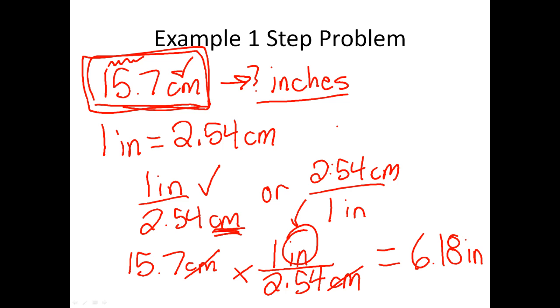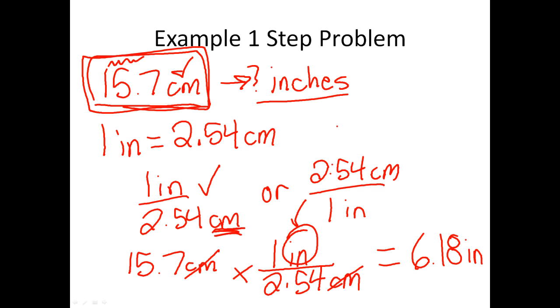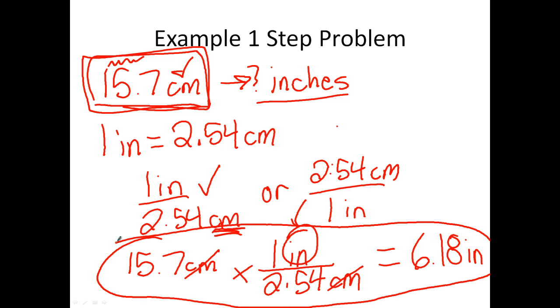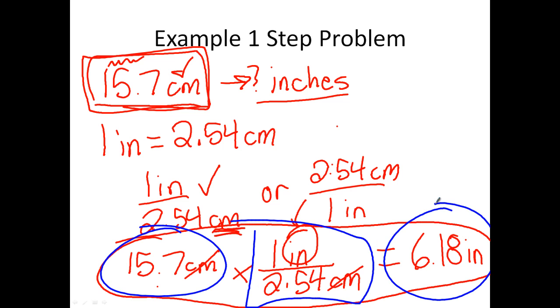In all seriousness, guys, this is what you need to write down. You've got to click on the little pen thing here. Let me change the color a little bit. You've got to write the given. You've got to write the conversion factor, and you've got to write the answer, and the answer has to have units on it.